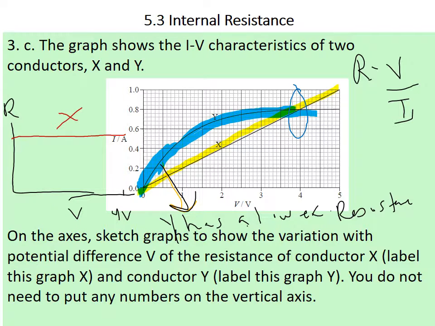Graph Y, on the other hand, the resistance is changing, and the resistance is less than graph X. And why is that? Because the current is higher, and the more current, the less resistance. So I will have a curve coming up, and then around 4 volts, the two intersect. And this is my graph Y.